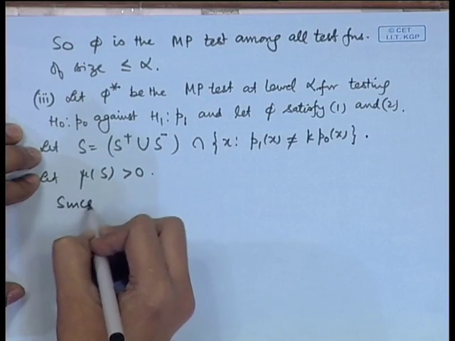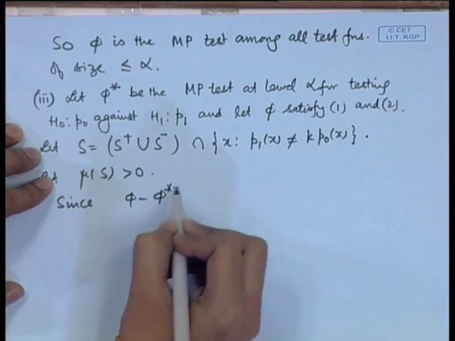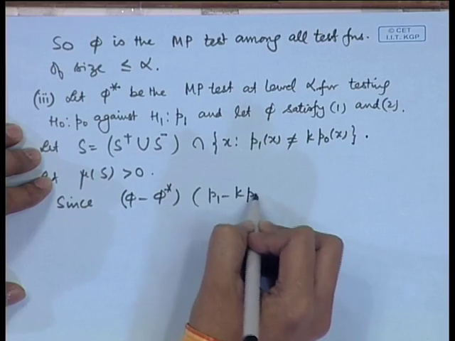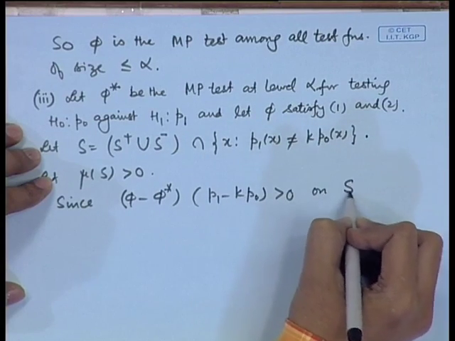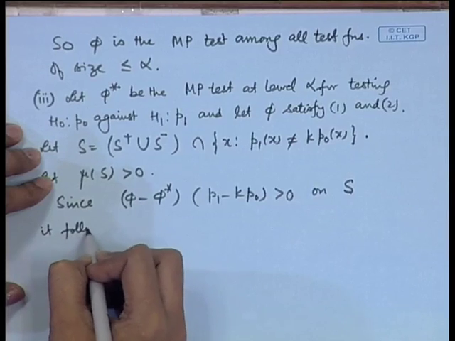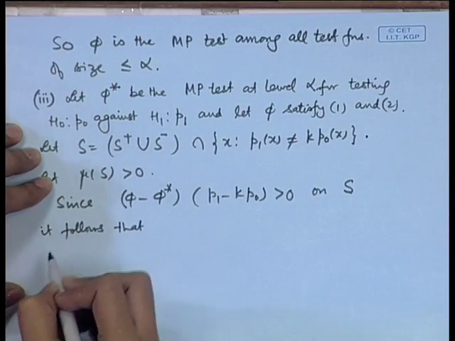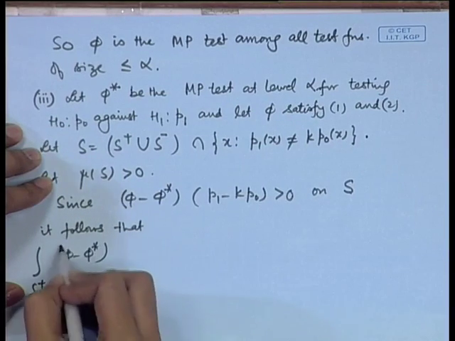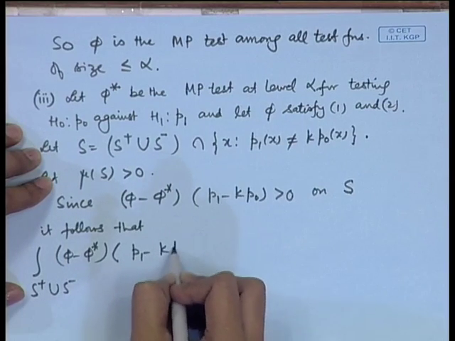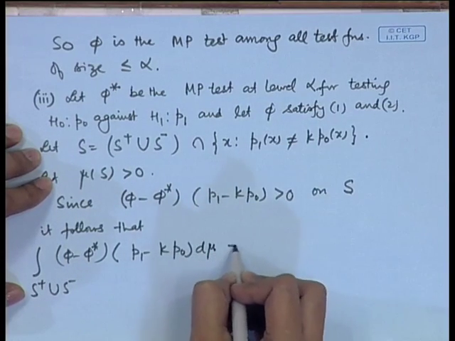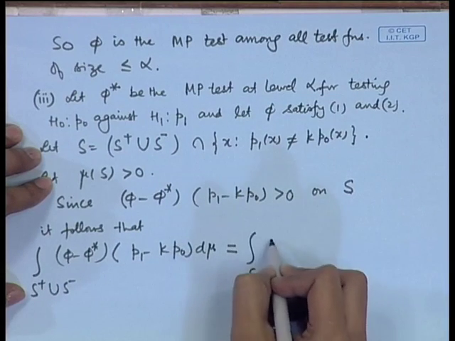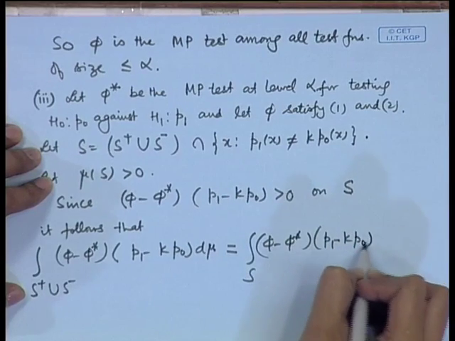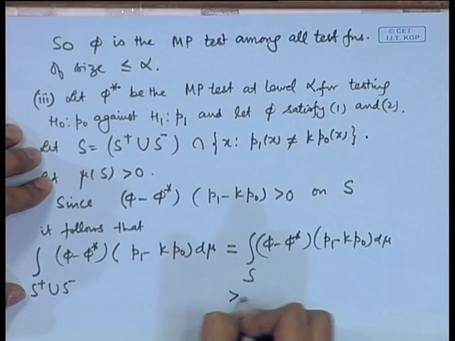So, as already observed, phi minus phi star into P 1 minus K P naught is greater than 0 on S. It follows that the integral over S plus union S minus of (phi minus phi star) (P 1 minus K P naught) d mu is equal to the integral over S of (phi minus phi star) (P 1 minus K P naught) d mu. This is strictly greater than 0.